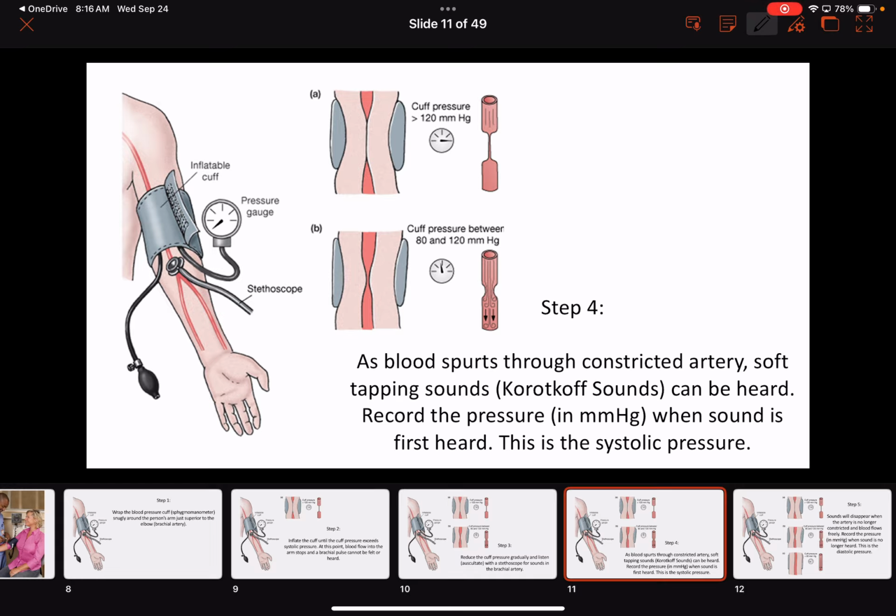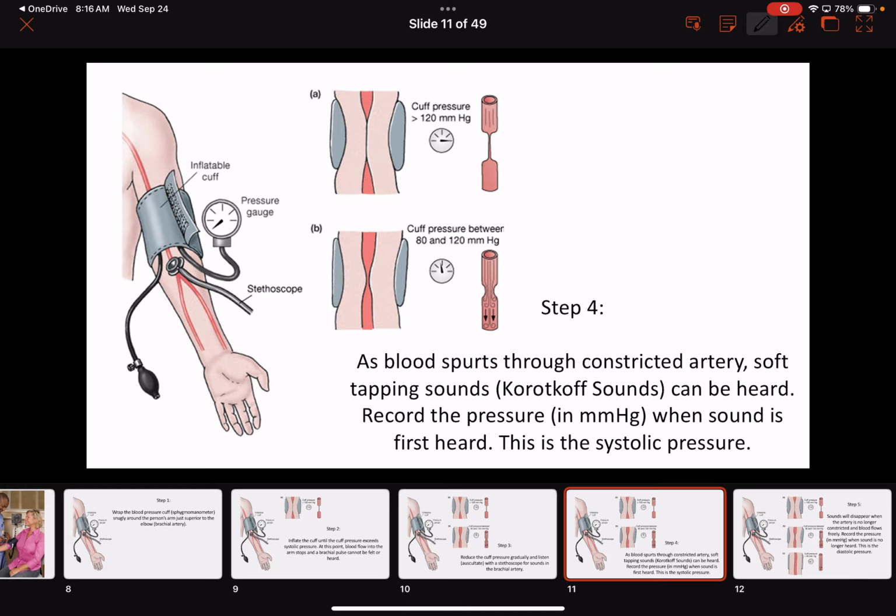As you're reducing the pressure and opening up that tightness around the blood vessel, once you open it up just a little bit, you're going to hear sounds of blood spurting through first. It's not going to be a continuous flow. It's why you have to gradually reduce that pressure until you start hearing the tapping sounds of blood being squirted through.